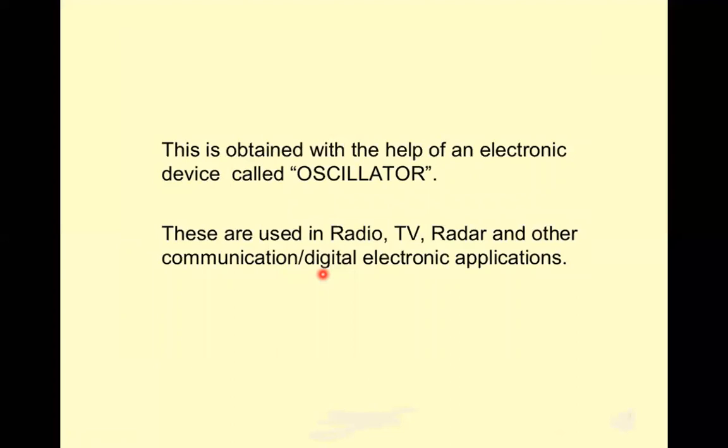This is obtained with the help of an electronic device called an oscillator. These are used in radio, TV, radar, and other communication or digital electronic applications. We'll see each of the oscillators, and how they are used with low frequency, high frequency, or mid frequency.